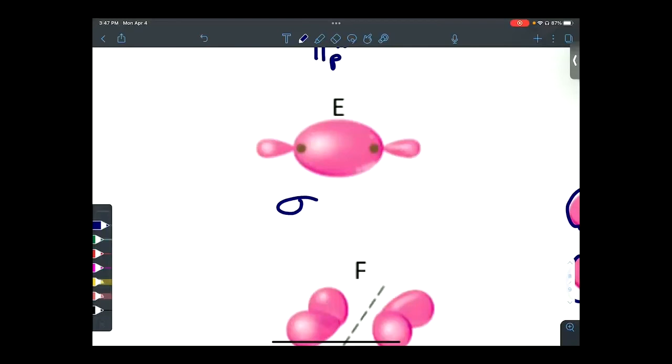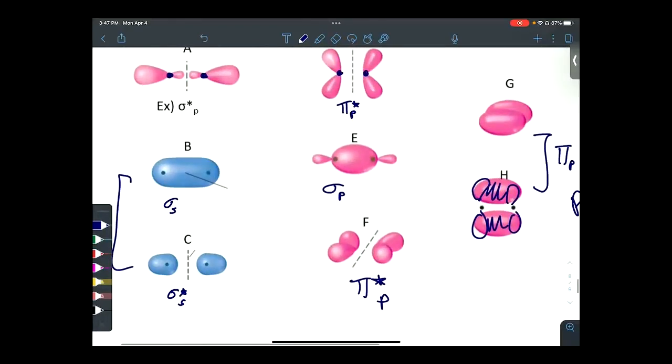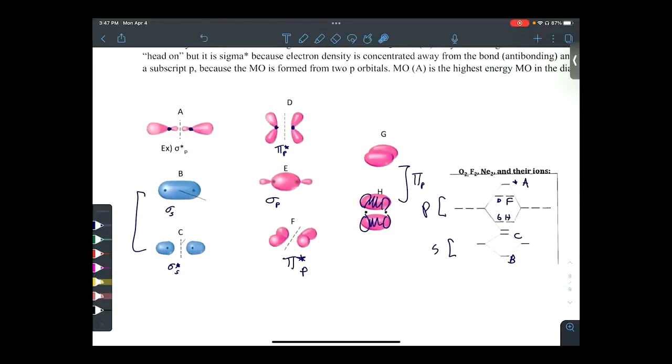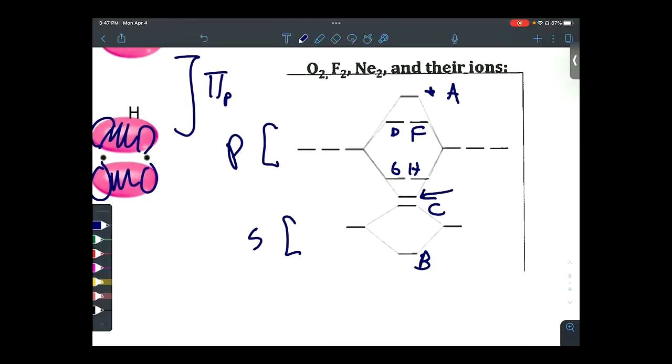Is it a sigma interaction? Between two p orbitals, yes. So note how we have two different sigma interactions. We have sigma s, and see how they kind of look similar in that there's electron density here and here? All right, they just happen to be made from different atomic orbitals. And so E fits in somewhere right there. That's where E goes. All right?